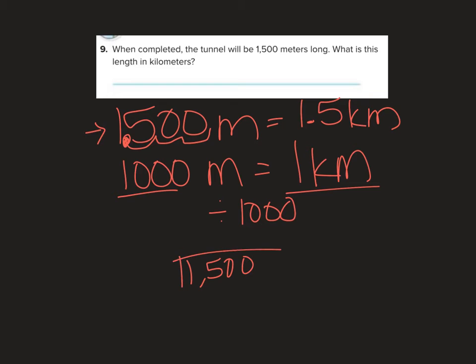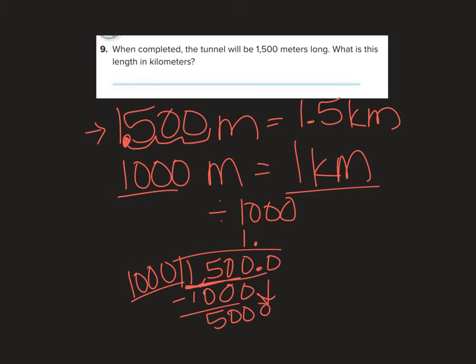If you really want to do it, 1,500 divided by 1,000, let me show you what you get. 1 divided by 1,000, no. 15 divided by 1,000, no. 150 divided by 1,000, no. 1,500 divided by 1,000, yeah, 1 goes in there, minus 1,000. I'm left with 500. Add a decimal and bring down a 0. 5,000 divided by 1,000 is 5.